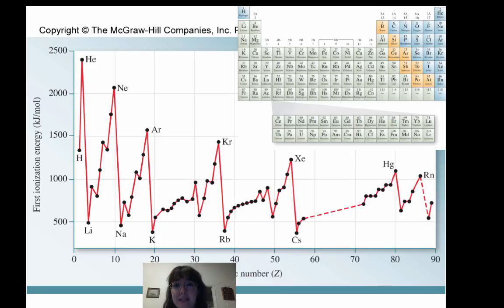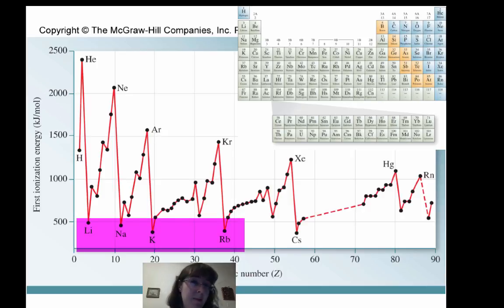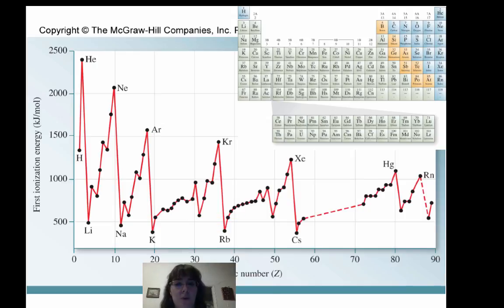This should make sense because we've got fluorine and neon trying very hard to hold on to their electrons. We have things like lithium and sodium and potassium that would actually probably be happier if they got rid of one of their electrons. So those are going to be down at the bottom. So ionization energy increases as we go across due to that effect.